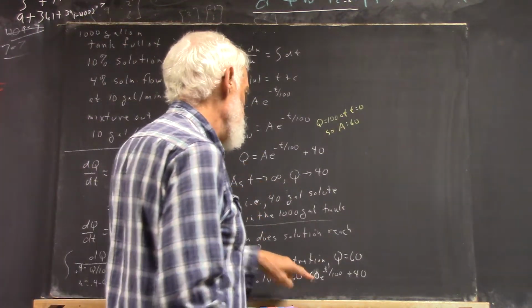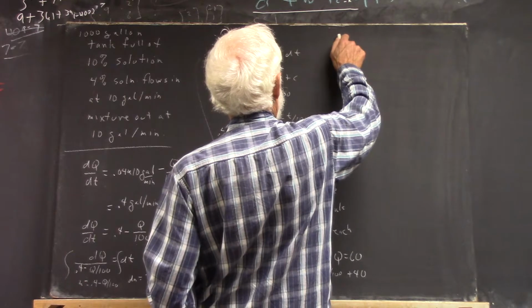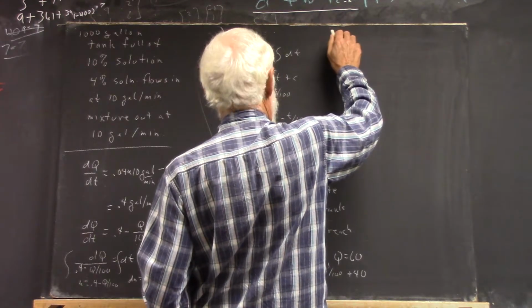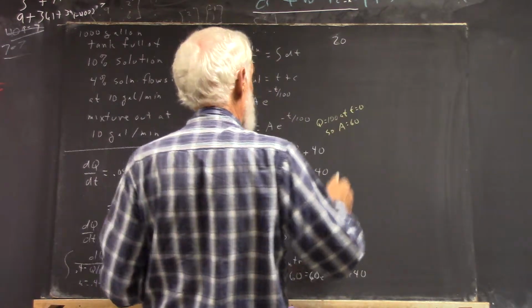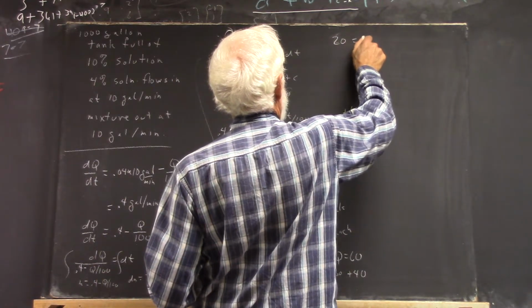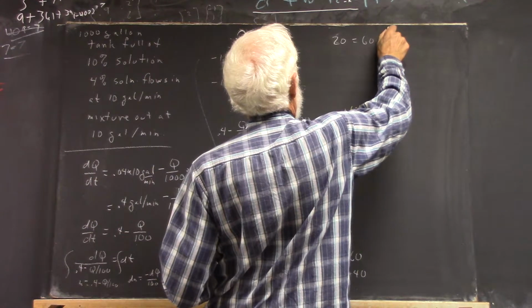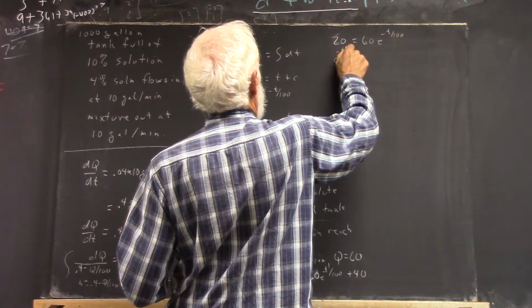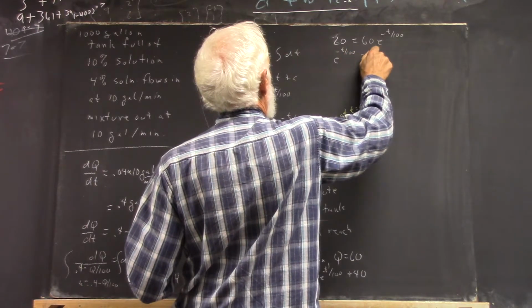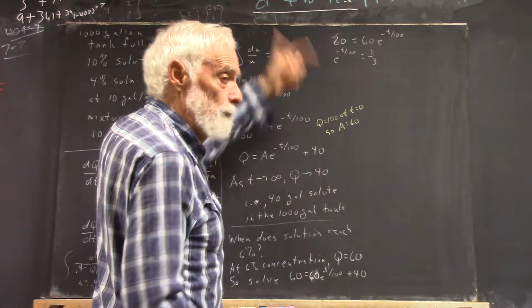So what's this become? So 60. Now, I'm skipping a step, but just subtract the 40. You get 20 equals 60 e to the negative t over 100. So e to the negative t over 100 equals 1/3. Divide both sides by 60.